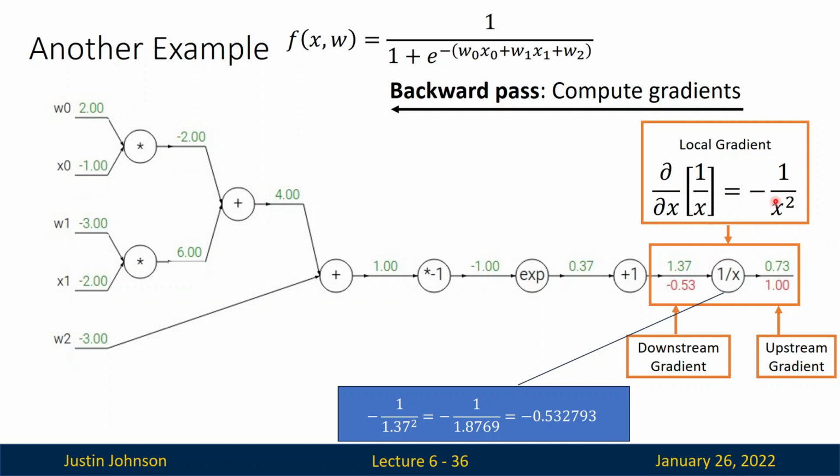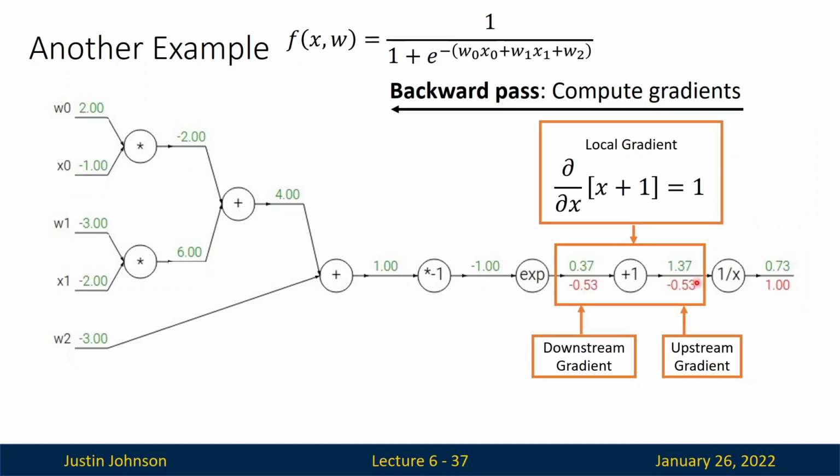Because the value is 1.37, let's put it into the x here. You will get this number, and this number is negative 0.3. So this is the downstream gradient here, negative 0.3.